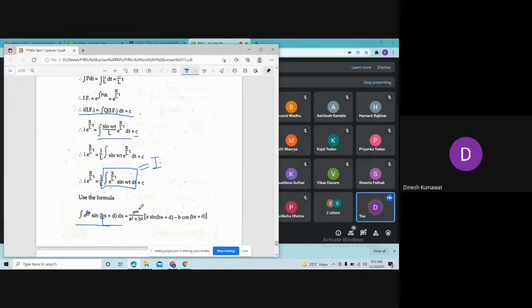So e to the power ax upon a square plus b square, in brackets a times sine of bx plus d minus b times cos of bx plus d. So you can use this formula to conclude the answer of this integration. If not, then you can take this as I and use integration by parts. Is that clear to everyone? Yes, sir.